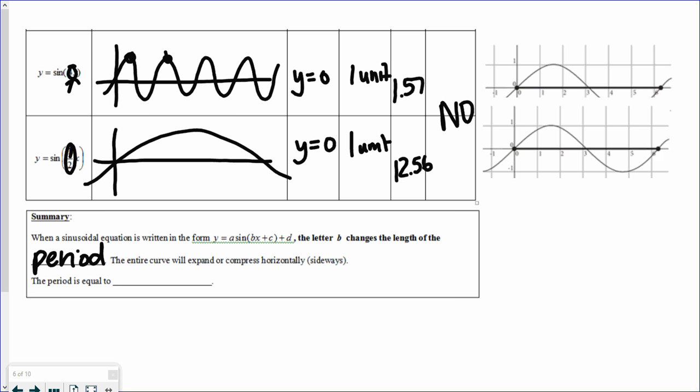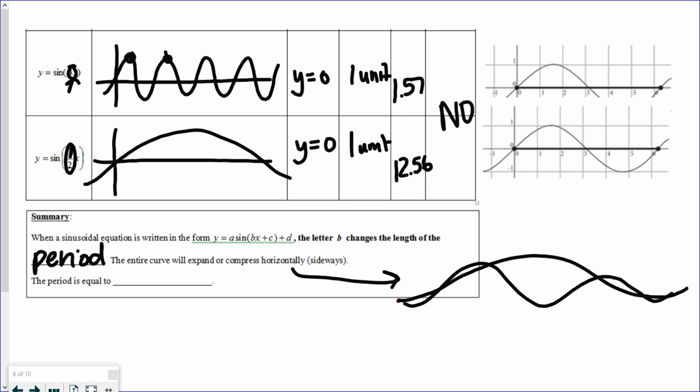So the entire curve will expand or compress horizontally. If this was our original line, expand means it'll go from that to this, or compress means it repeats itself faster, if that makes any sense.